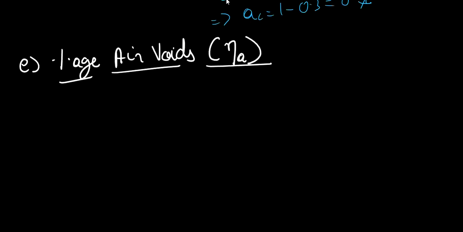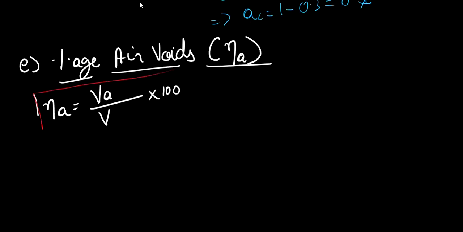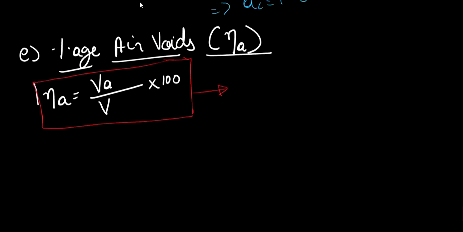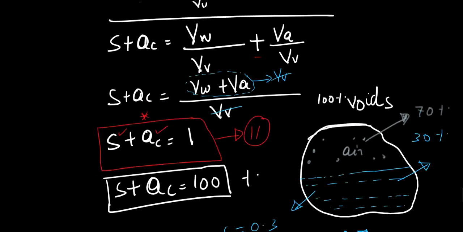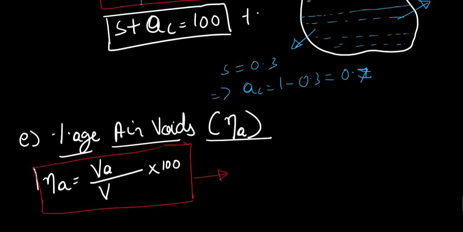This is nothing but volume of air upon total volume of soil sample, into 100. This is the very basic relation of percentage air voids. Let's number this as 12.